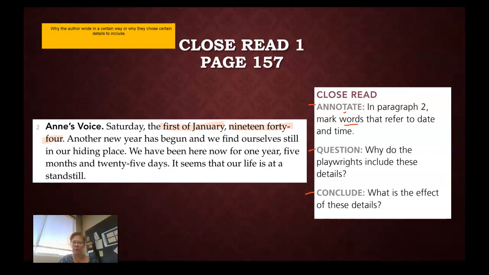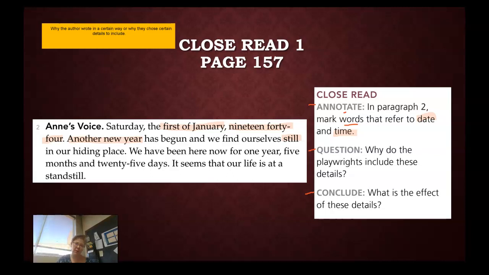Now notice it says refer to date and time. So words that help us understand time passing. So we see here another new year. We find ourselves still in our hiding place. So that word tells me when Anne talks about that, she's feeling like she's been there too long, right?